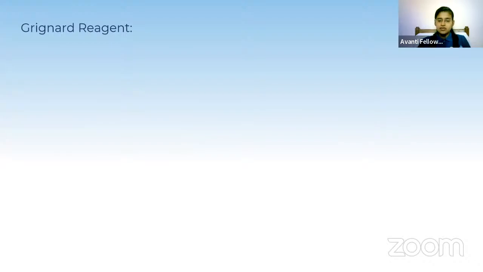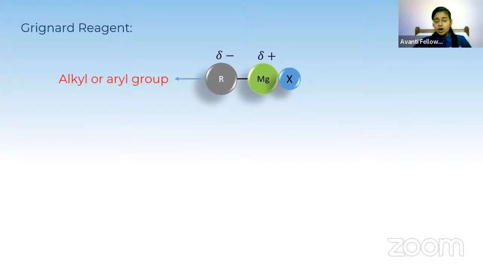Okay, I will give you the formula. It is RMgX. Here the R, which is the alkyl group, gains the partial negative charge and magnesium will have the partial positive charge. The R group can be an alkyl group or an aryl group.